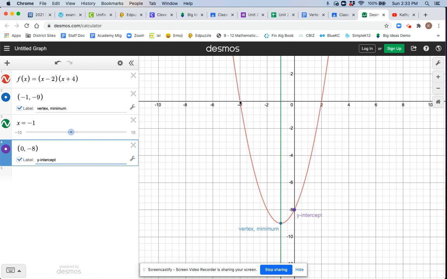And here are our two x-intercepts. So I'm going to do this one first. And that is the point -4, 0. And I'm going to label that my x-intercept.